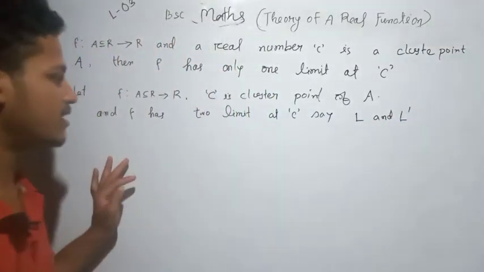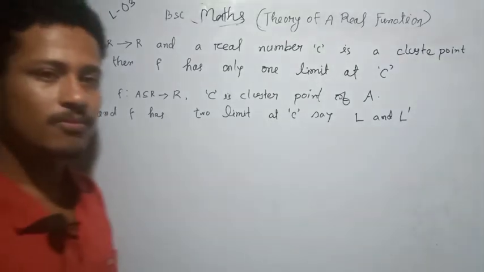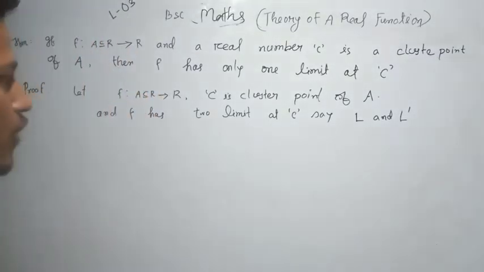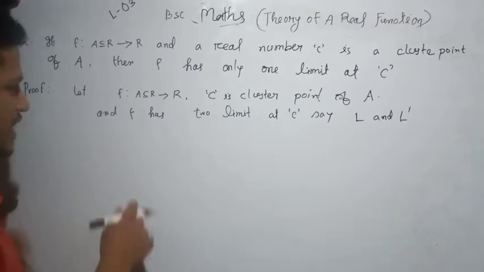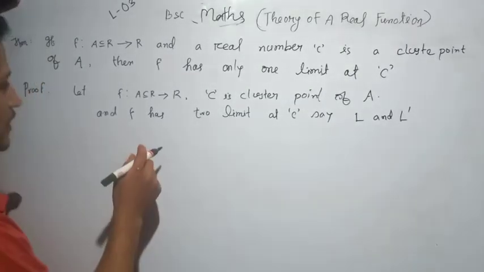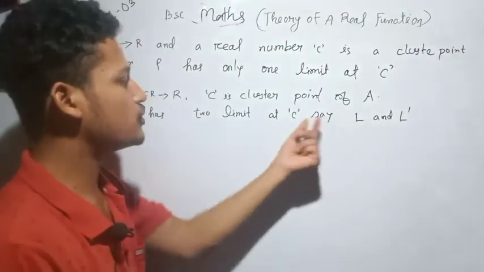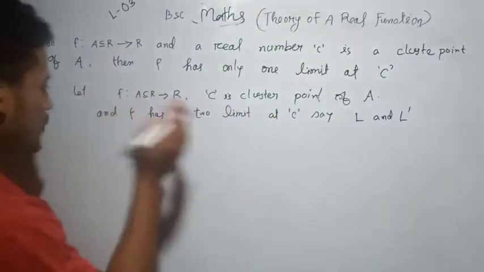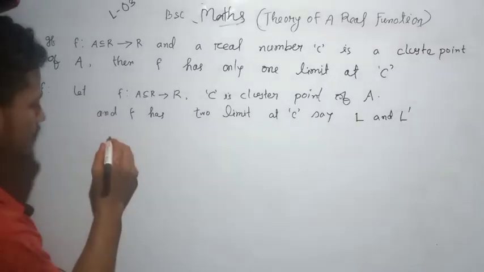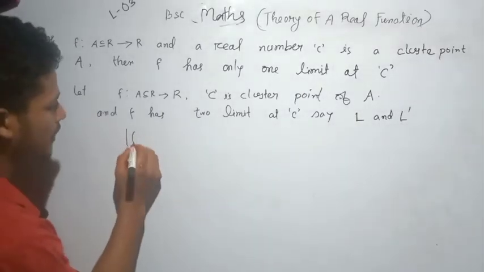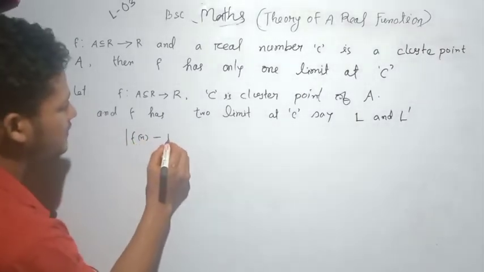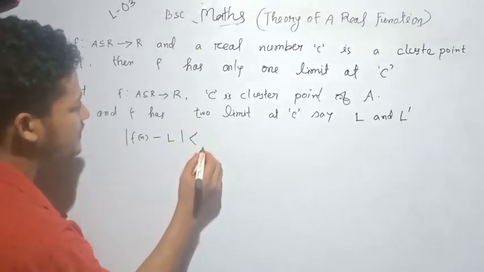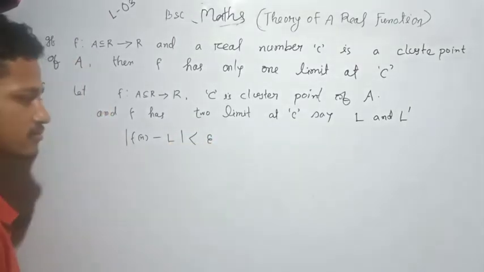These are the limits. Now from the definition of limit, what do we get? When L is the limit of f at the point C, we get modulus of f of x minus L less than epsilon.